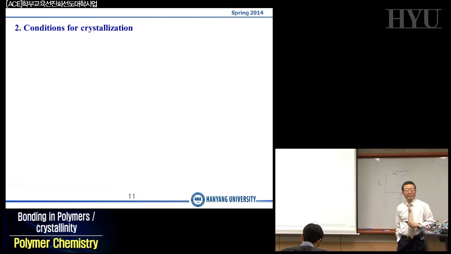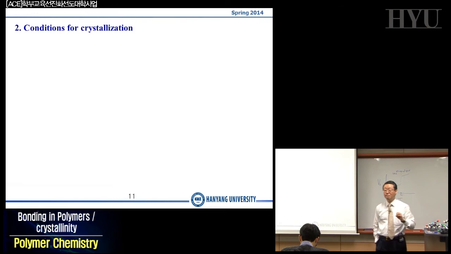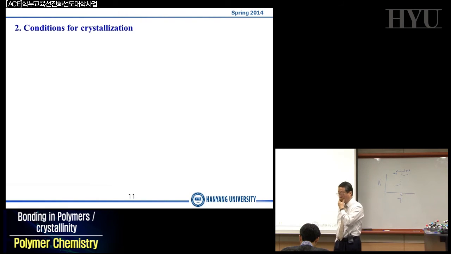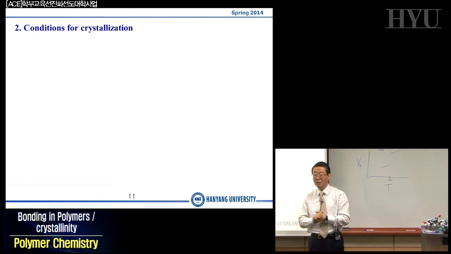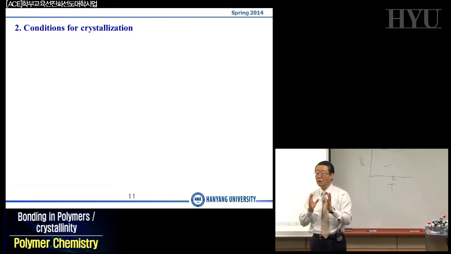Okay, so the crystals and amorphous portion are important, and I've shown you how to calculate the percent crystallinity by knowing the density. Density can be measured, of course. Density can be measured in the laboratory by knowing your specific volumes, using the Archimedes principle, right?